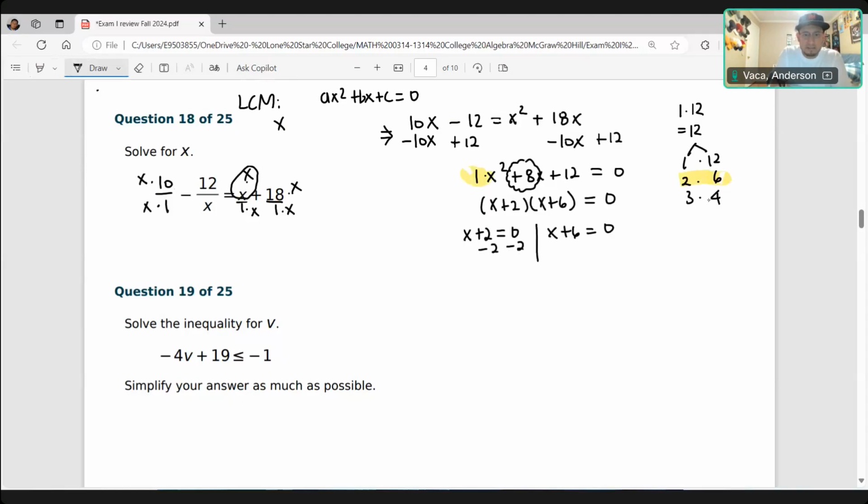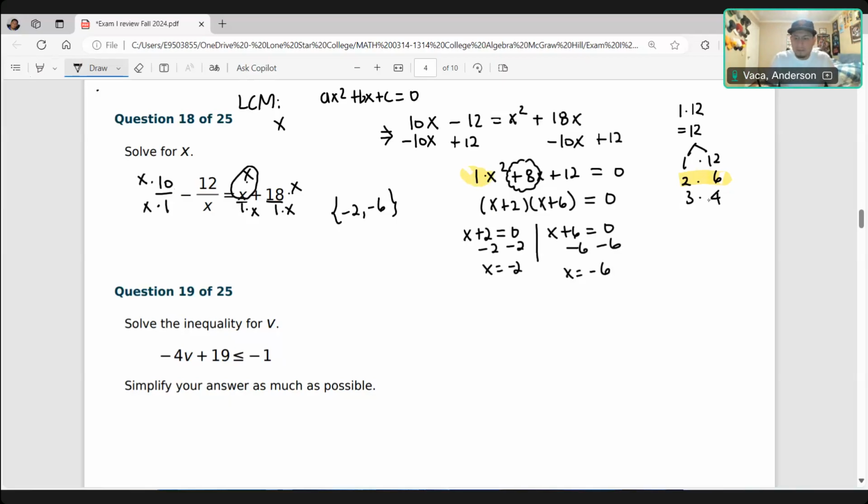Moving quickly through this, x is equal to negative 2. x must be equal to negative 6. Do we need to be careful as far as whether these numbers are going to make any denominators equal to 0? And the answer is no. So we are going to take both of these answers. Alrighty then. That's a good start.